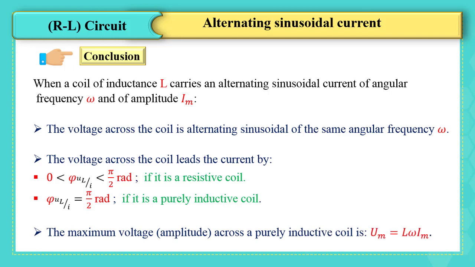And the maximum voltage or amplitude across a purely inductive coil is Um equal L omega Im.